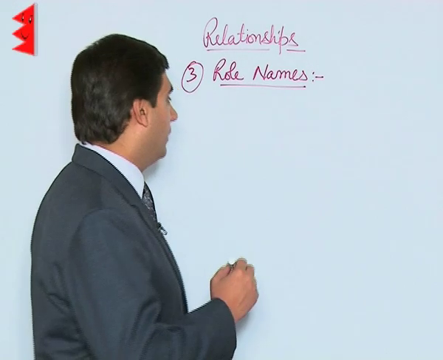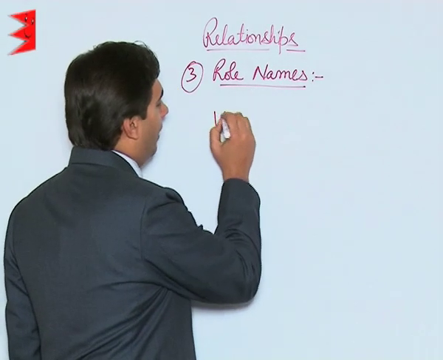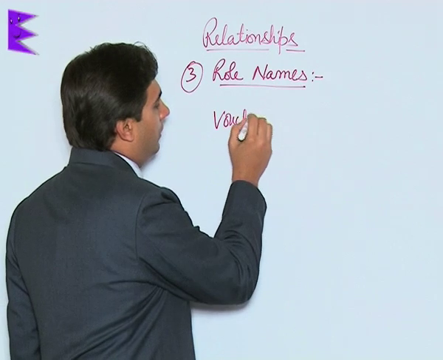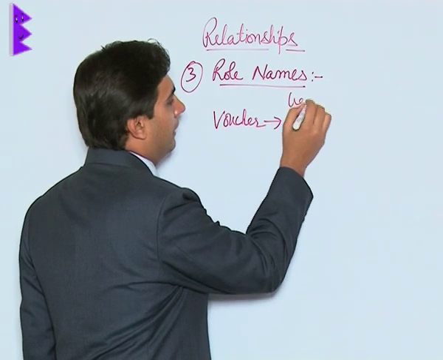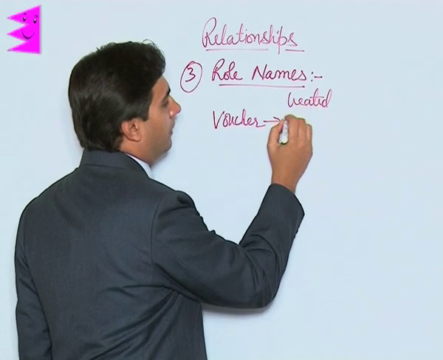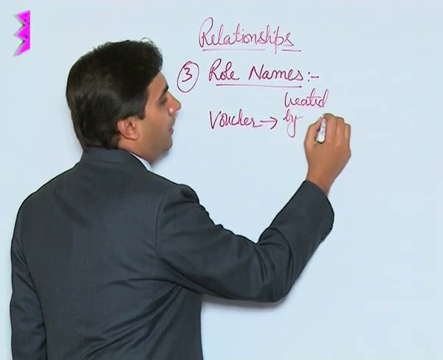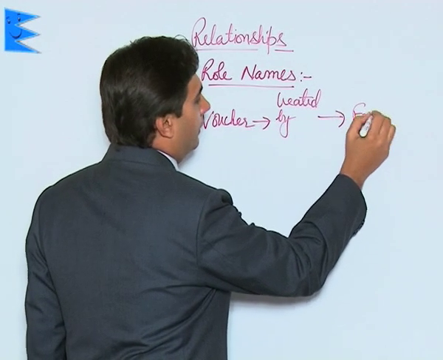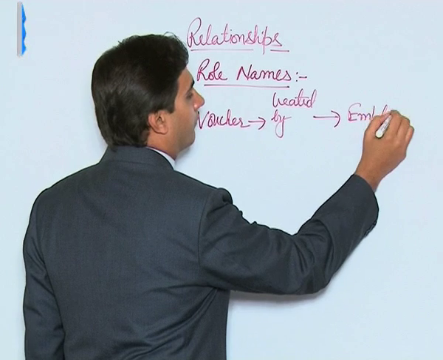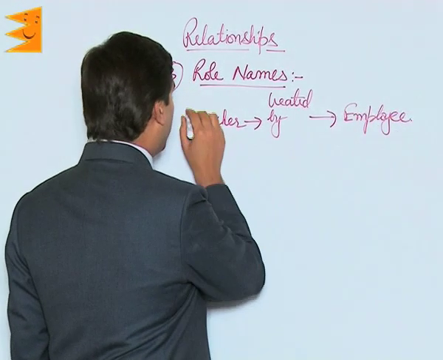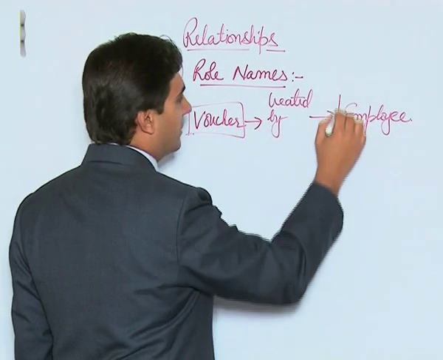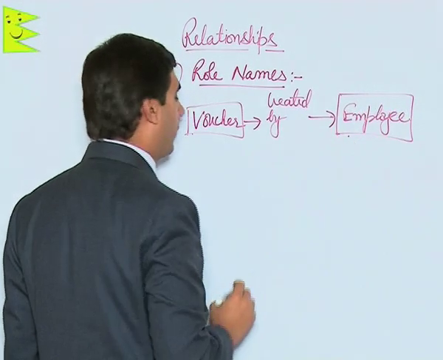Let us take an example. A voucher has been created by a particular employee. Here, voucher is the first entity, employee is the second one.